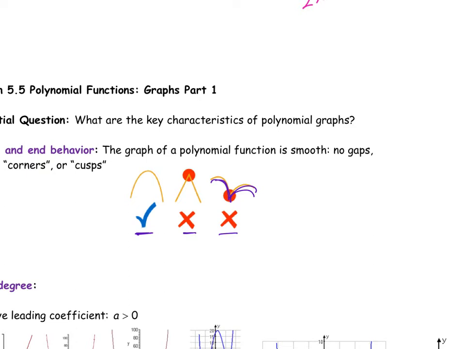Then we have to talk about the degree of the polynomial. And the degree has a lot to do with what the shape looks like.